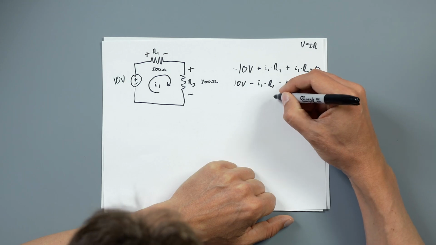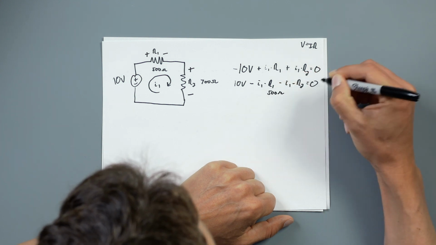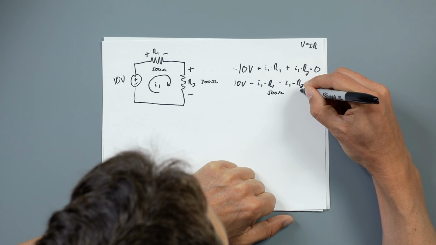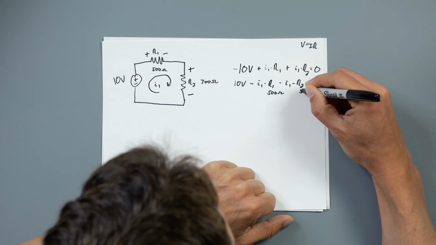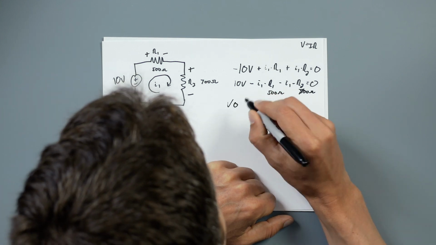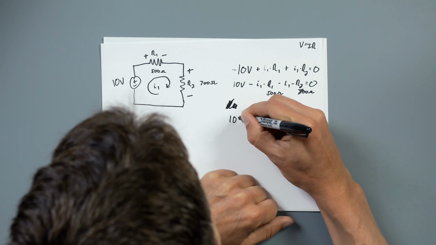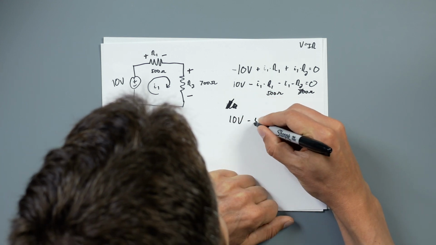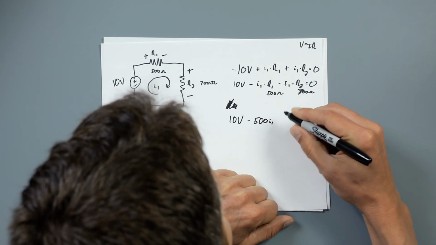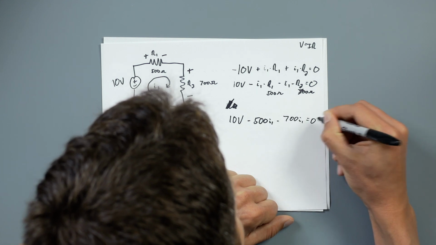So R1, we have that. We know that R1 is 500 ohms. We know that R2 is 700 ohms. So now we know 10, oh wow, why is that a V? Let's just try that again. So now we know 10 minus 500 I1 minus 700 I1 equals 0.